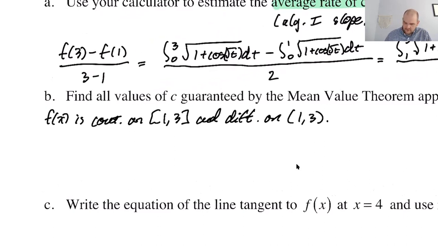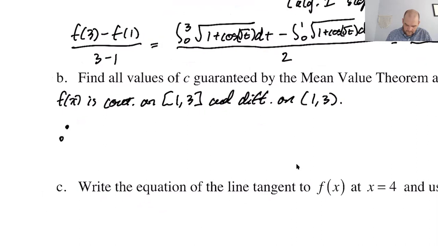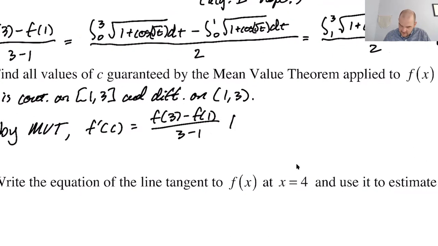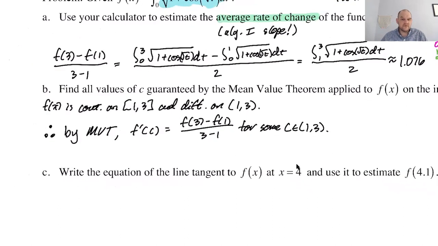Okay, so therefore, by the mean value theorem, f prime of c equals f of 3 minus f of 1 over 3 minus 1 for some c, maybe more than 1, but for at least some c that's an element of the open interval. That's kind of all the work that we've done. Now we're just going to use a calculator on this, I think.